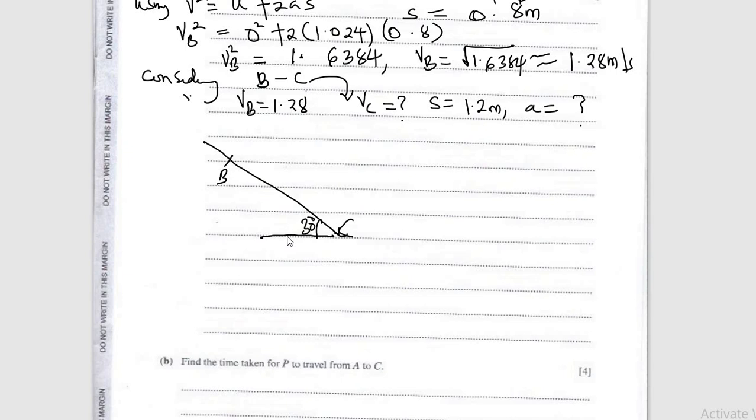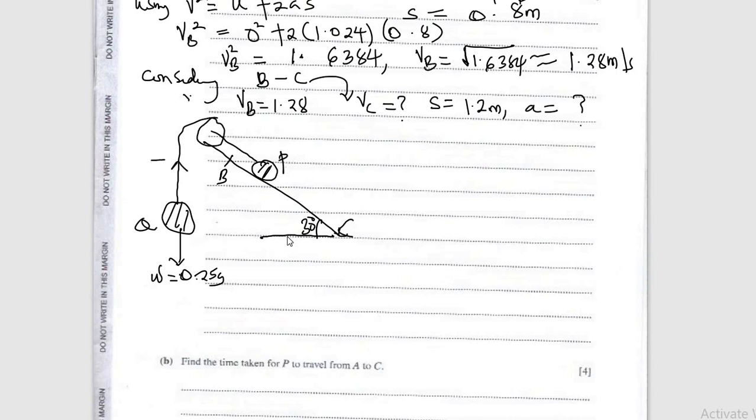Remember the question said BC is a smooth section, right? And at this point here, we have a mass. The mass here is connected to the one hanging. So which means that the weight here is 0.25 G. This is Q. This is P, like I did.